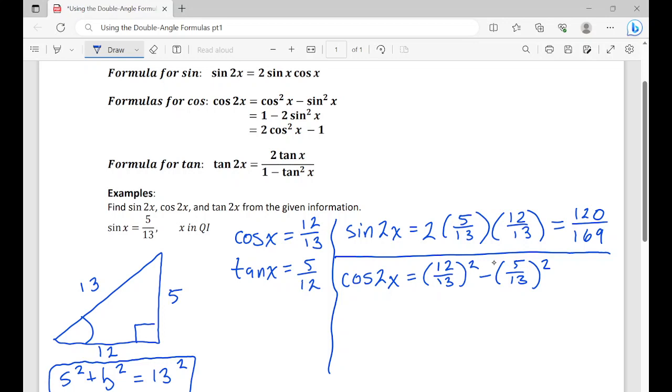And when I square these two and subtract them, I'm going to end up getting 119 over 169. And that's cosine 2x.